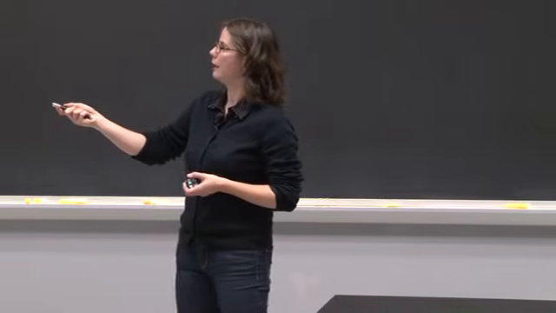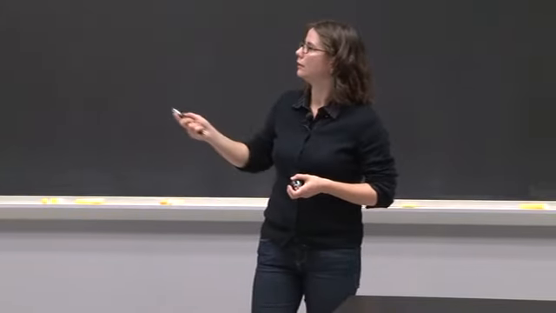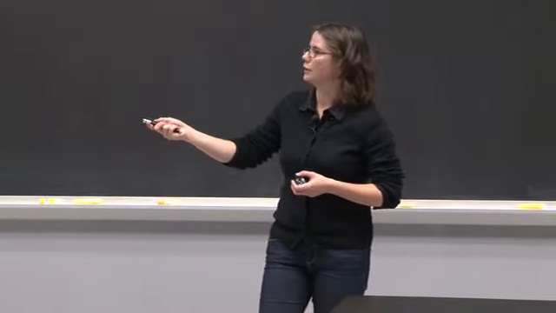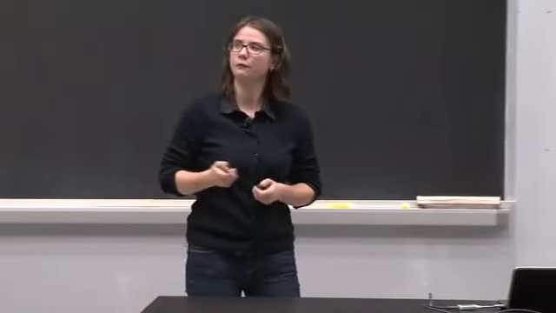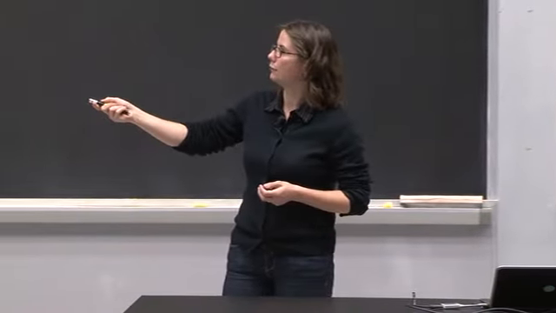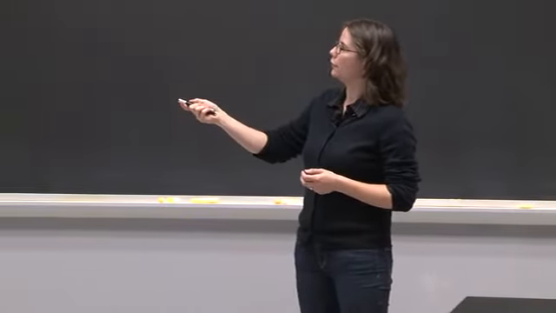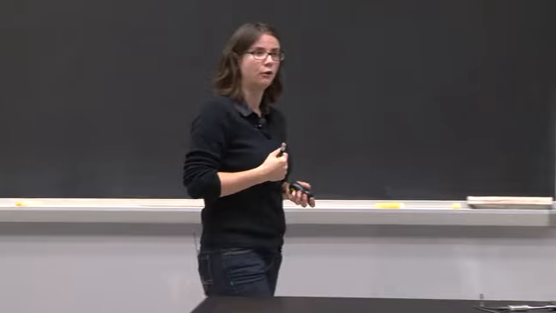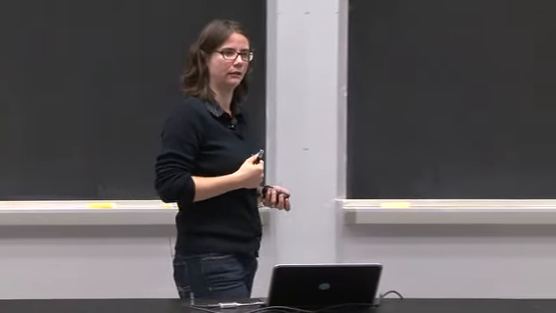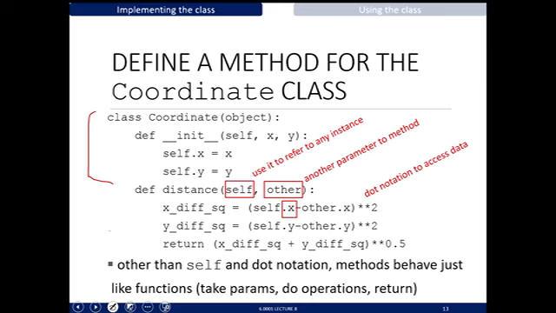You have def, some name, it takes in parameters, it does some stuff, and then it returns a value. The only difference is the fact that you have a self here as the first thing, and the fact that you always have to be conscious about whose data attributes you're accessing. So you have to use the dot notation in order to decide whose data attributes you want to access.